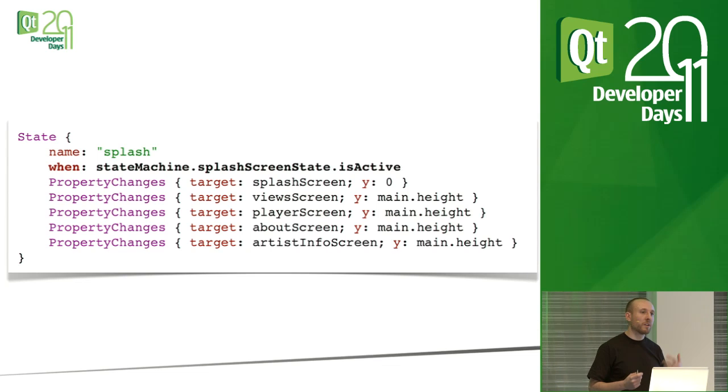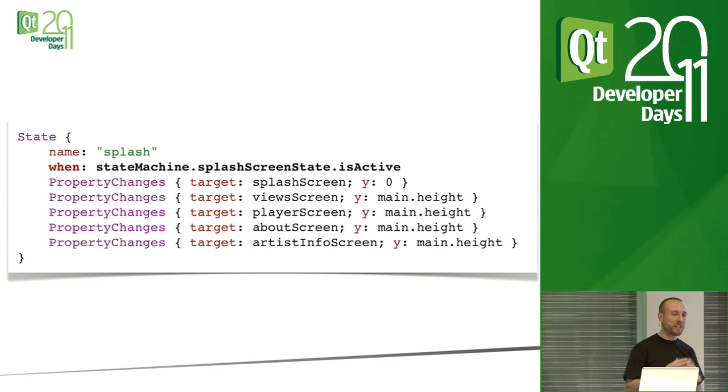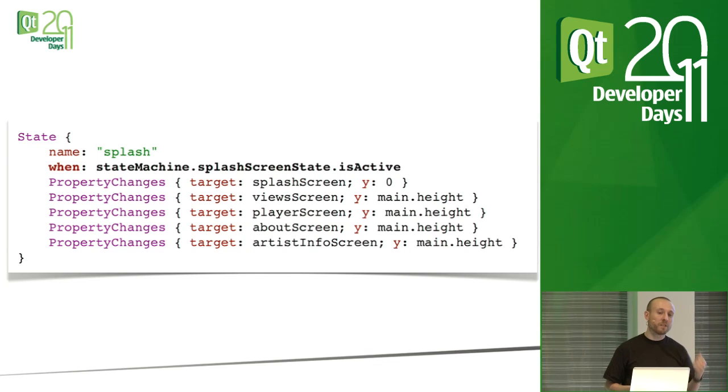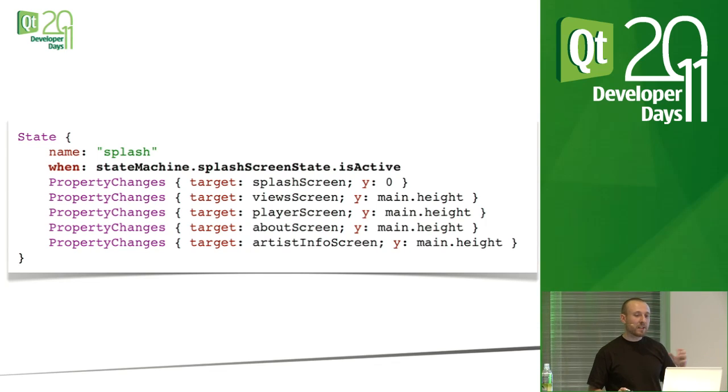And if we remember this skeleton, muscle, skin sentence, this is where the skeleton and the muscles meet. This is where they connect. So here you see that I used the isActive property of a state, in this case the splash screen state, to activate a QML state. Basically making the QML state set the property values on the specified objects.